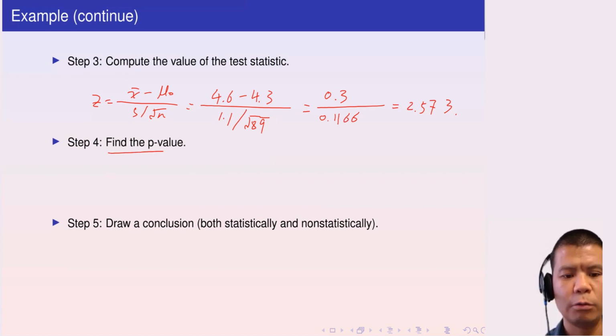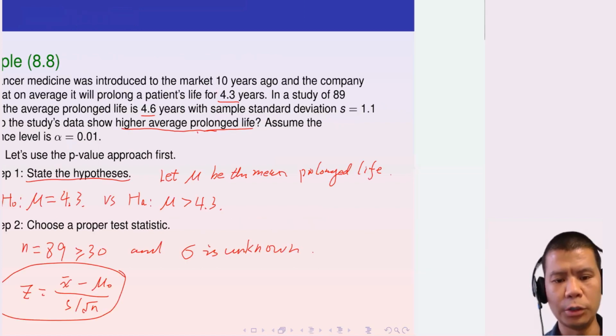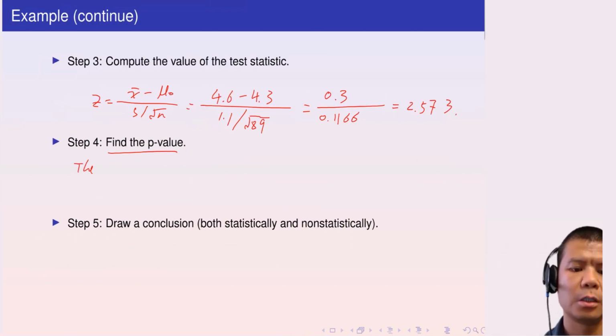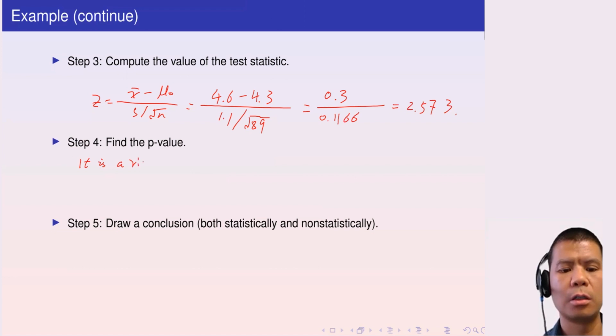To find the p-value, we need to determine what kind of test it is. It is a right-tailed test.